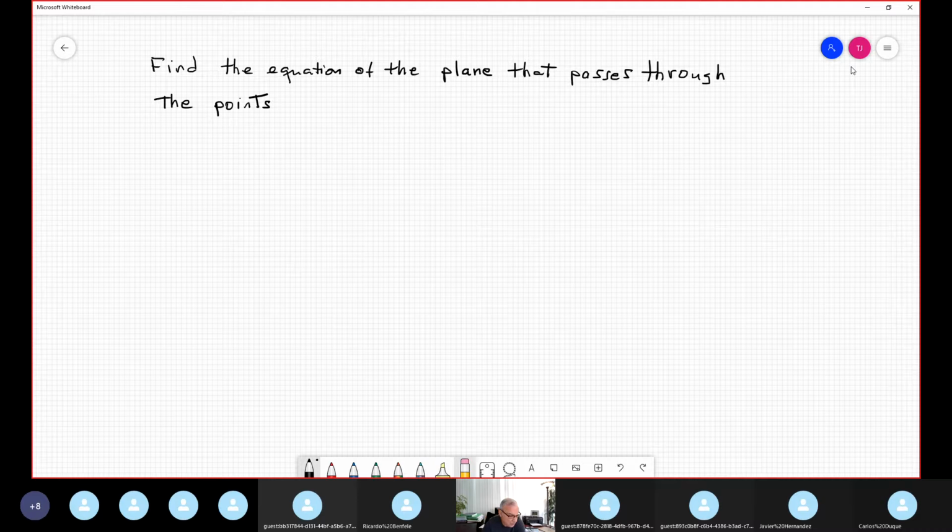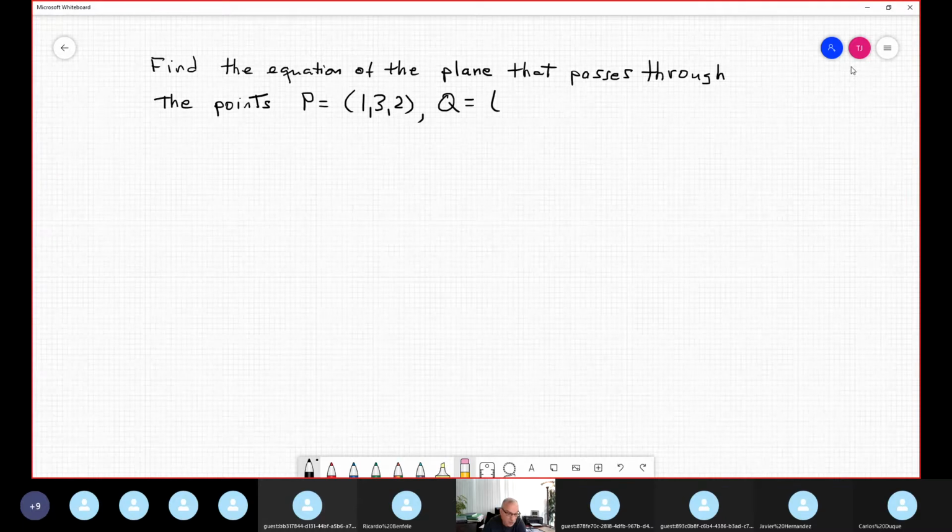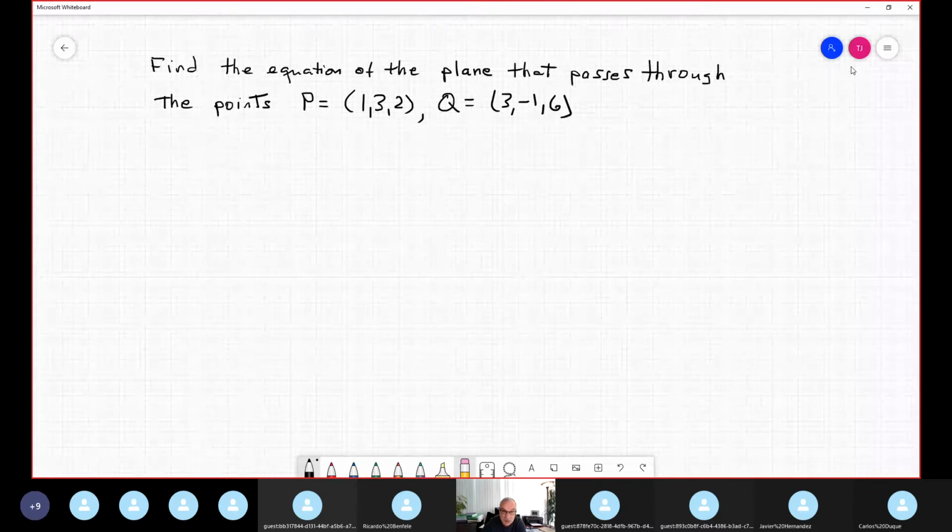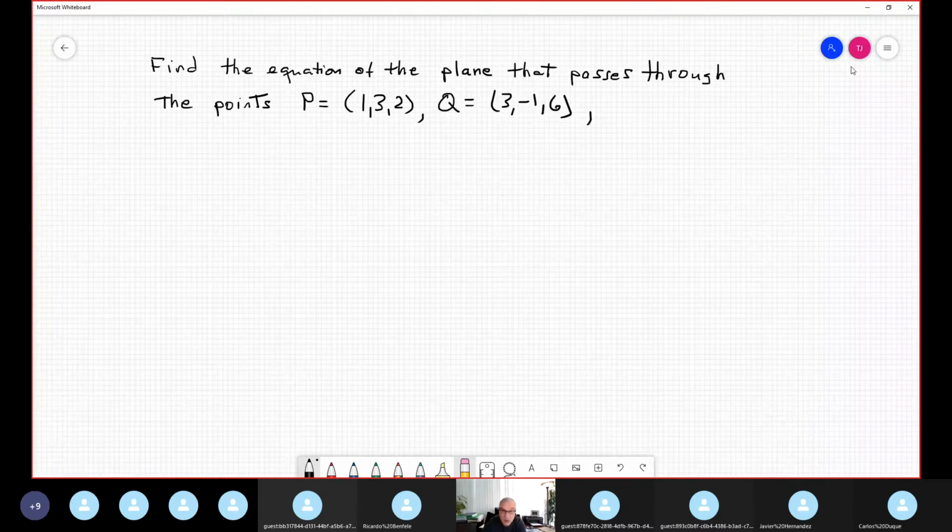So, give me points. Point P is equal to (1, 3, 2). Another point I call Q, which is the point (3, -1, 6). And R, which is the point (5, 2, 0).